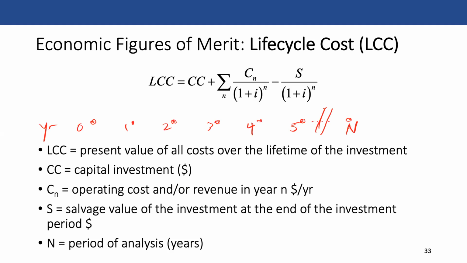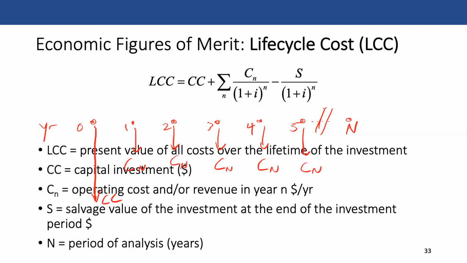Typically, the way I like to do this is I draw down arrows for things that cost money and up arrows for things where I make money. So in year 0, I have a big down arrow for the capital cost, CC. Then in years 1 through N, I have a set of down arrows, and if we say Cn is always the same, it would just be like this.